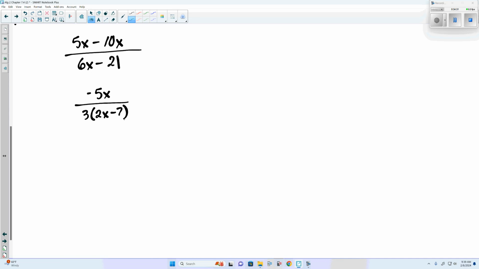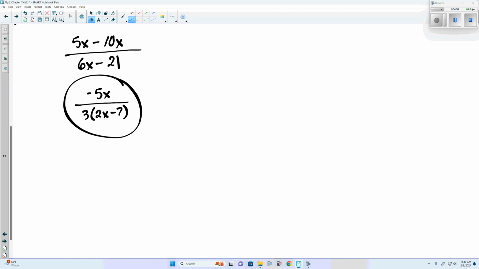and 5 will divide by 3 evenly, yes? No, I put that out there on purpose. No, 5 over 3 does not reduce. This is the final answer. So even though nothing reduced, we still wanted to factor that 3 out just to make sure there was nothing in common on top and bottom.